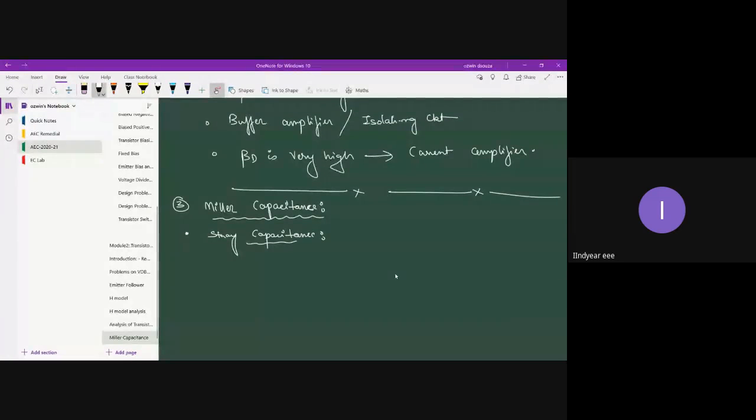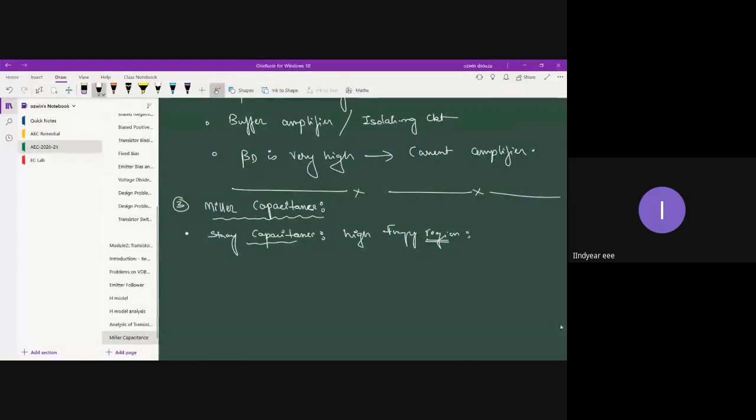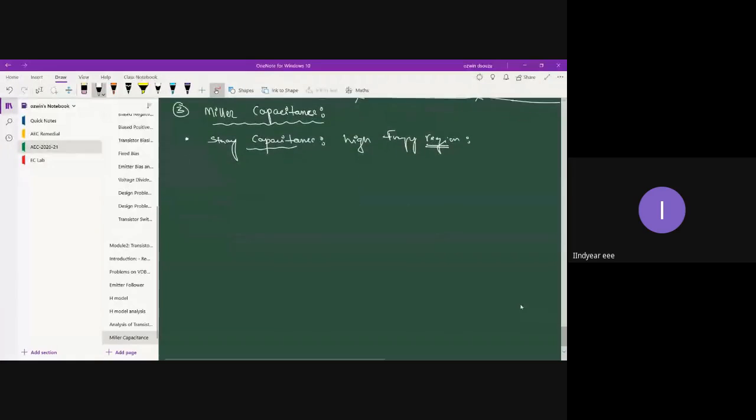Stray capacitance. Now, this stray capacitance exists in the high frequency region. Let me keep the discussion of stray capacitance as simple as possible, because it is beyond our syllabus.